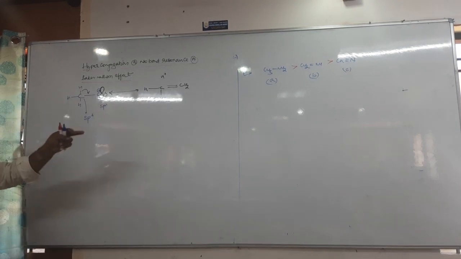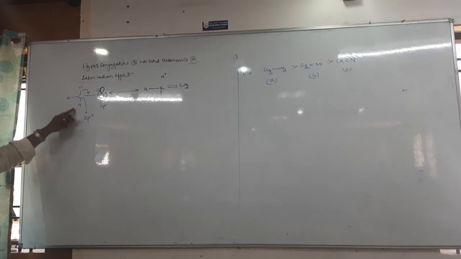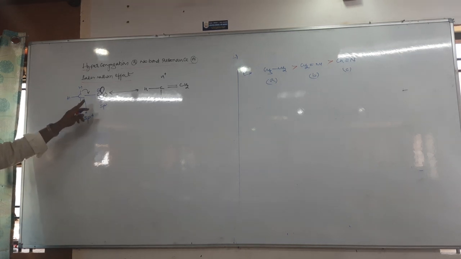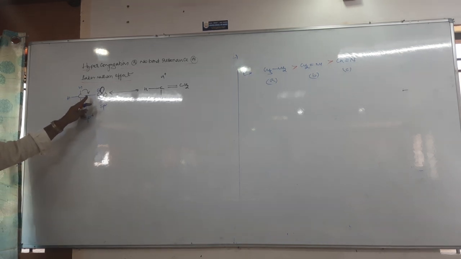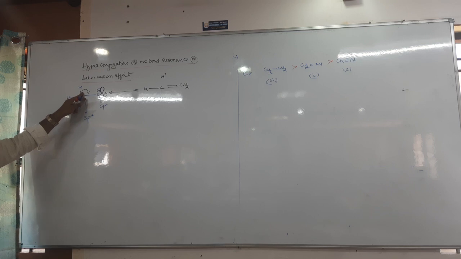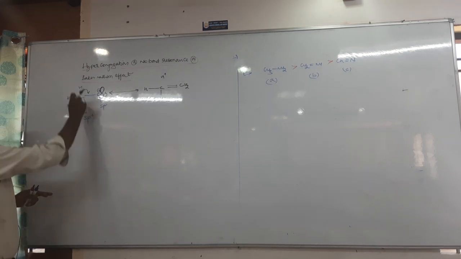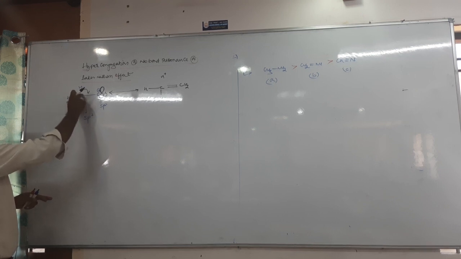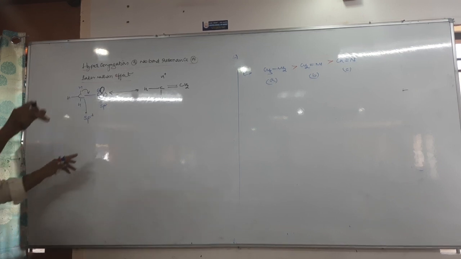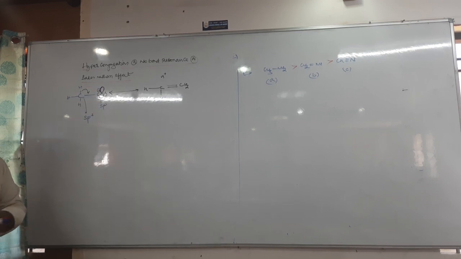Now this takes place because of hyperconjugation. Tell me, in hyperconjugation, what is happening here? You need to understand. There is a delocalization of which electrons? Sigma electrons of the sp3 CH bond with the empty p orbital of the adjacent carbon, called hyperconjugation.